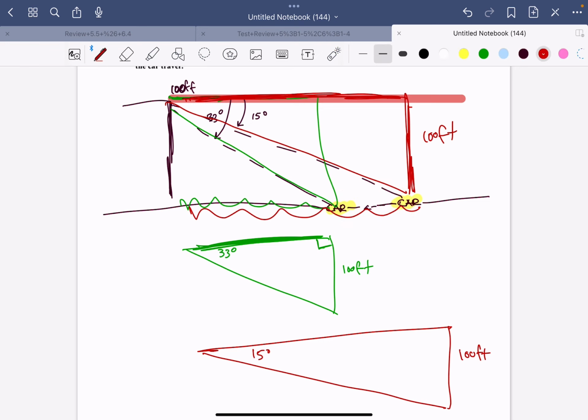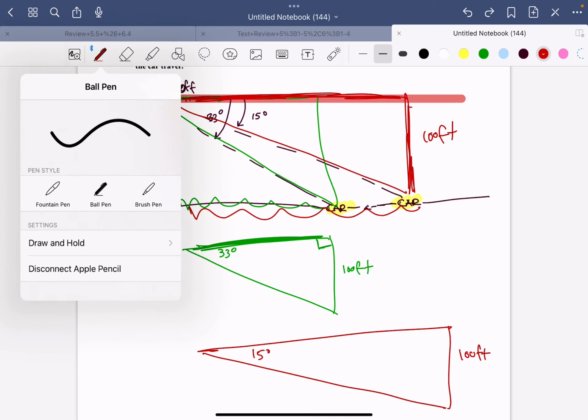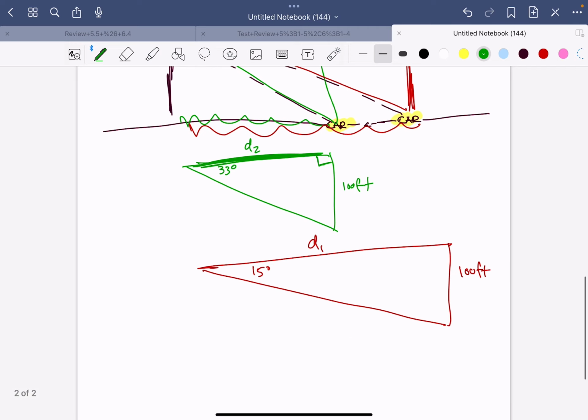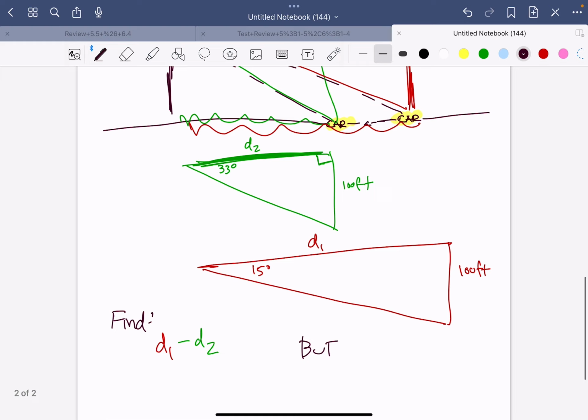I'm going to call this distance 1, and I'm going to call this distance 2. Well, no, let's call the bigger one distance 1. So the big one I'm going to call distance 1, and the smaller one distance 2. What we need to find is distance 1 minus distance 2. In terms of this angle, this is the opposite and this is the adjacent, right?